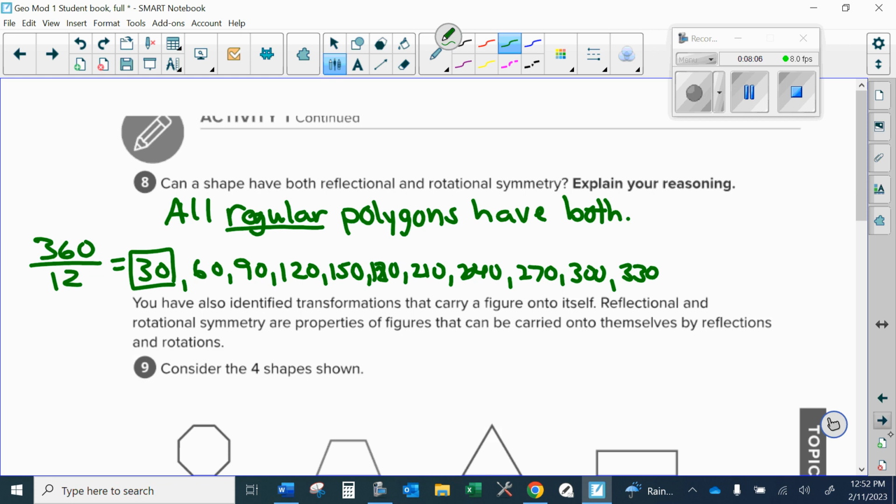That'd be for a dodecagon, 12-sided. Okay, regular dodecagon, that is. These are all regular.